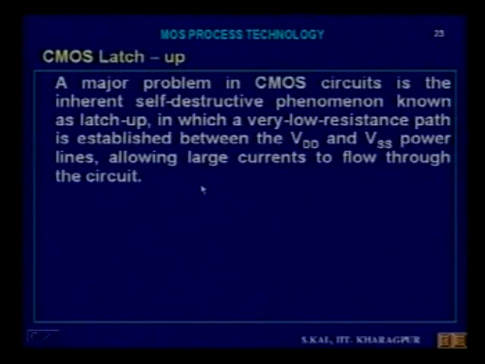Because of this latch-up effect, a very low resistance path is established between VDD and VSS power lines, as a result of which a large current will flow and it will damage the metal contacts and the device will be destroyed.